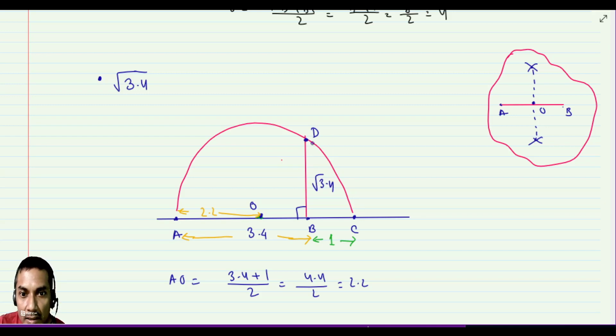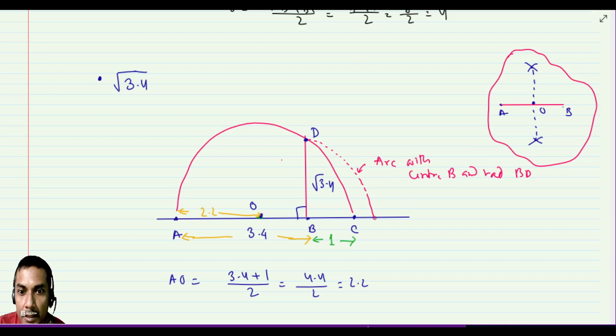Hope it is clear. Then you take one arc with center B and radius BD.